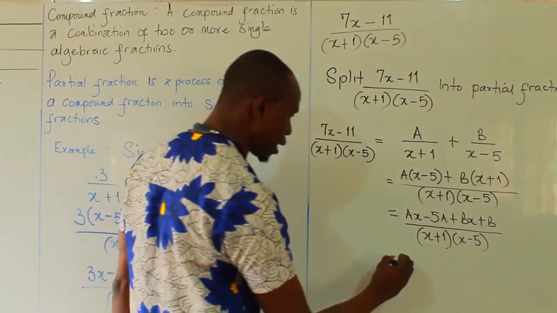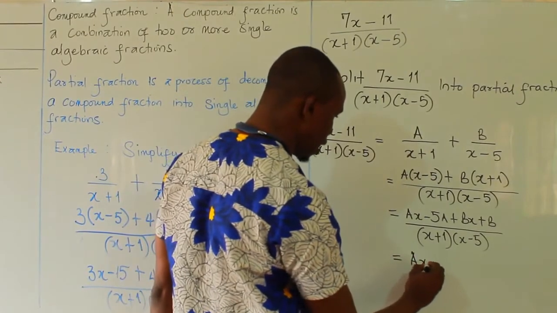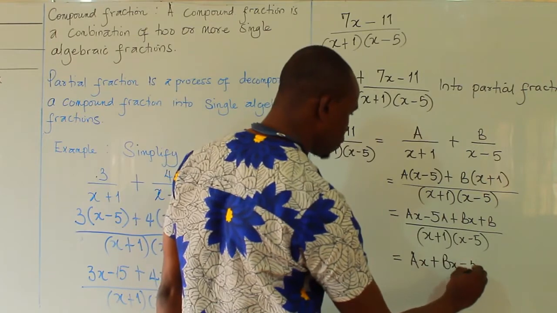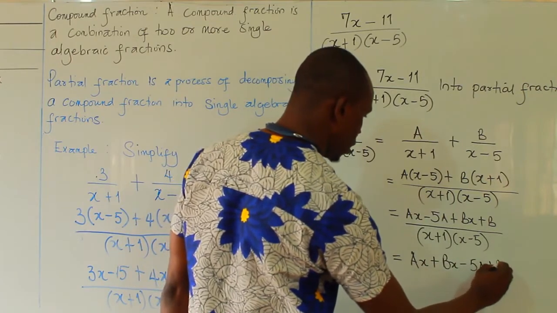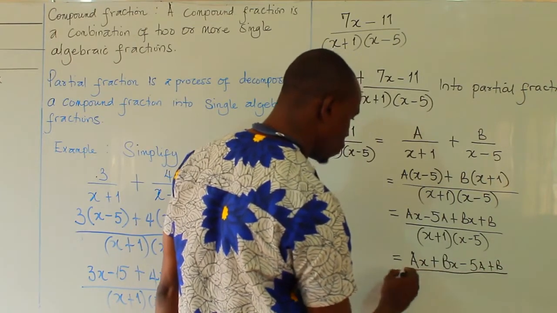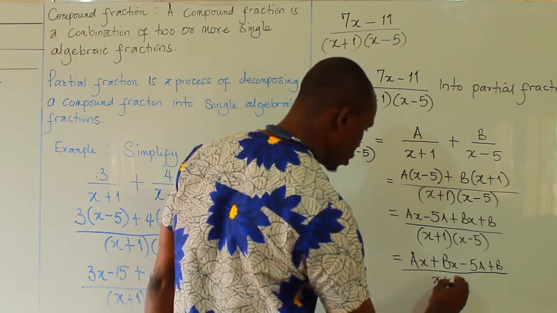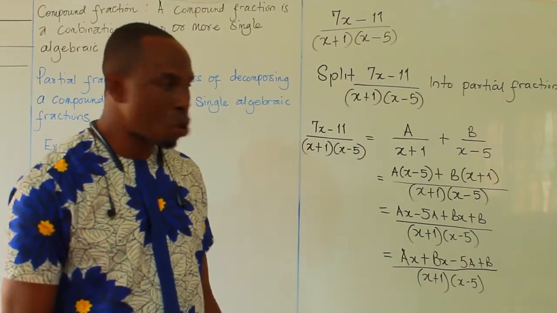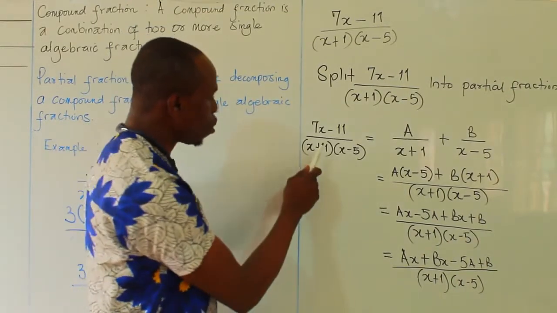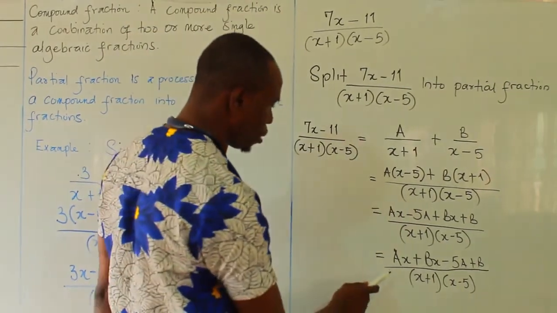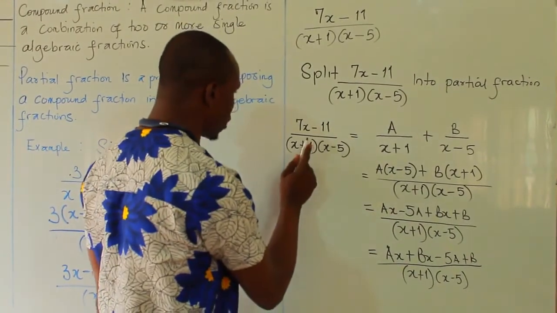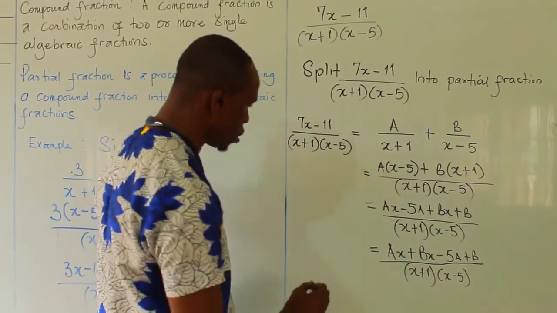So I'll collect like terms like I did in the first instance. I have ax plus bx minus 5a plus b all over x plus 1 and x minus 5. Recall that it is this compound fraction that is being split into single algebraic fractions, and it is this compound fraction that results in this answer here.